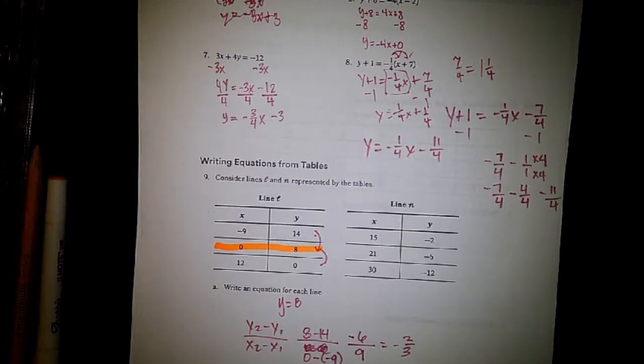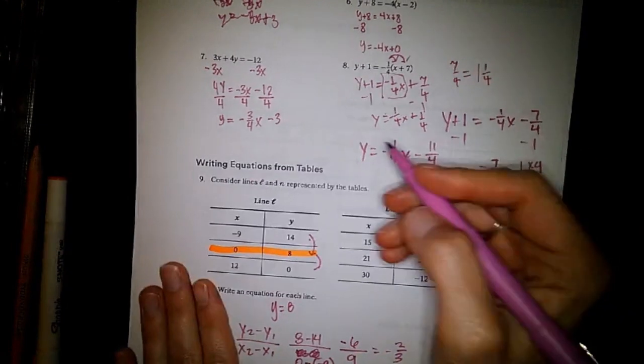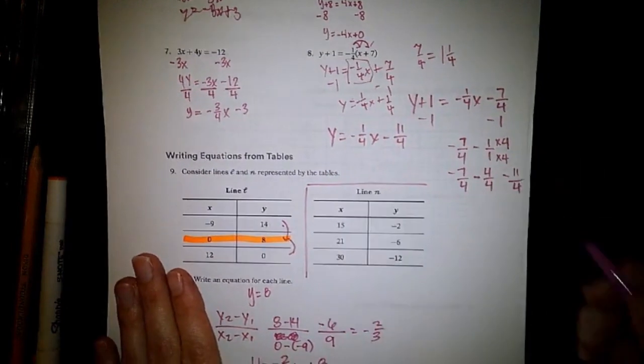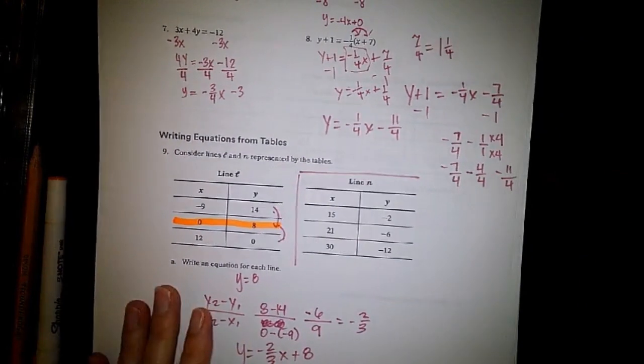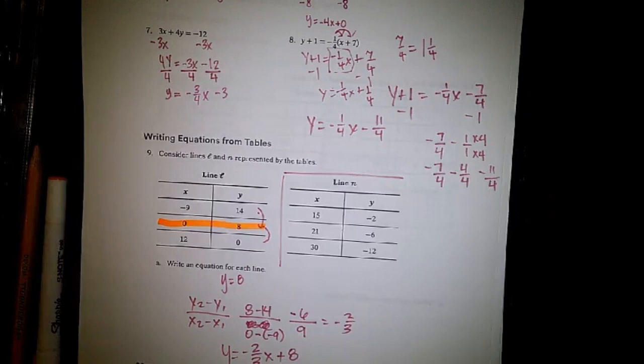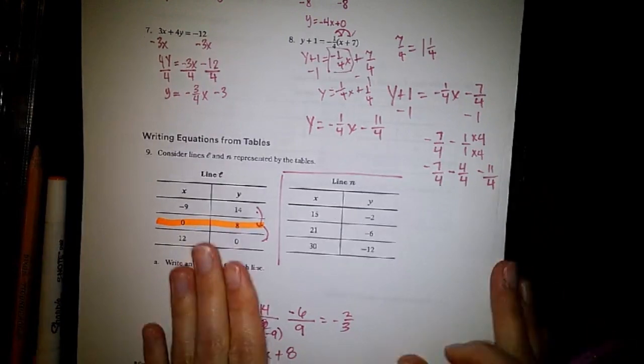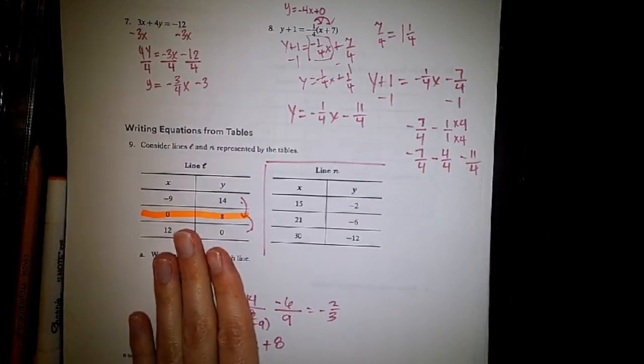So, y2 minus y1 over x2 minus x1. Negative 6 minus a negative 2 over 21 minus 15. Do y'all see where I'm pulling these numbers from? These are our x, y values.